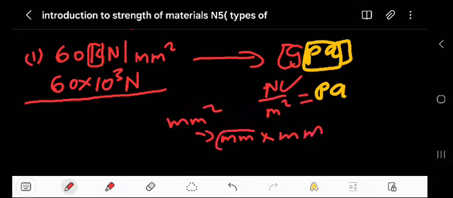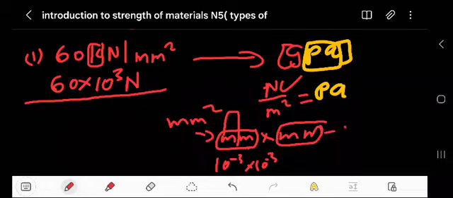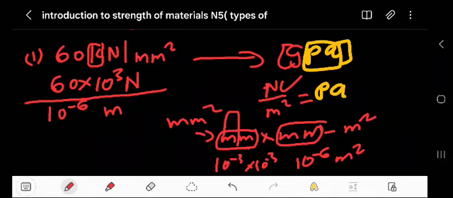However, if we these two, remember 1 millimeter, 1 meter is equal to times 10 to the power of 3. Also another meter will be times 10 to the minus of 3. But when we multiply these two, will give us what? Meter squared. So this will simply equal times 10 to the power of 6 meter squared.